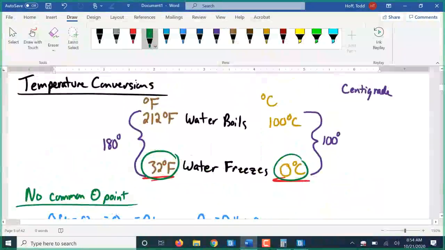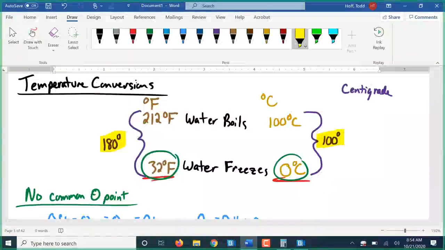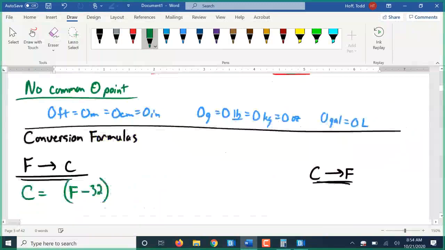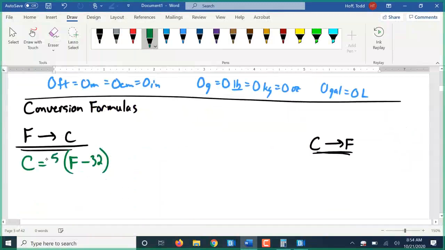Now I mentioned this difference in the number of degrees between water freezing and water boiling. That gives us a ratio. 100 degrees Celsius is equivalent to 180 degrees Fahrenheit. That reduces, both of those divide by 20, to 5/9. So 5/9 is then the conversion factor I would use once I've subtracted the 32 to bring the zeros equal.